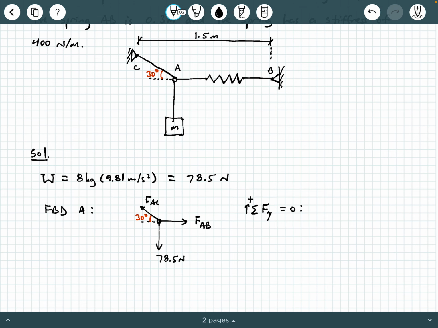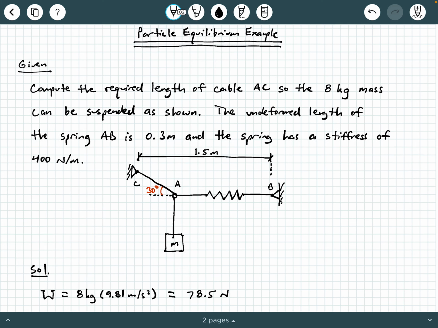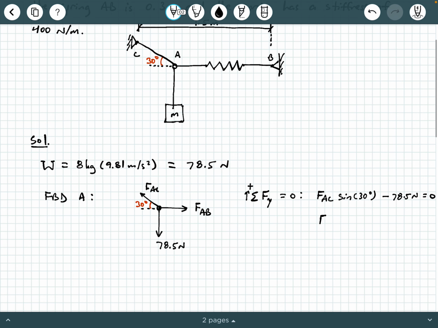Looking at this free body diagram, we have FAC times the sine of 30 degrees minus 78.5 newtons equals 0. From this, we can directly solve for FAC. It's just one equation with one unknown at this point. So FAC is equal to about 157 newtons.